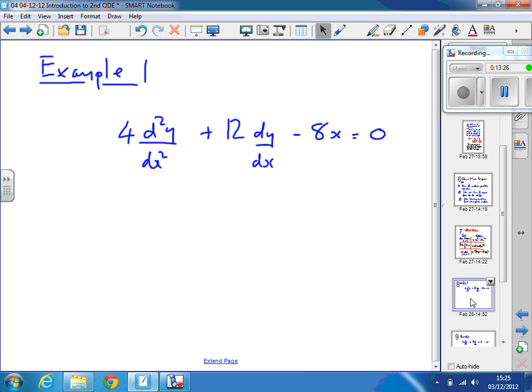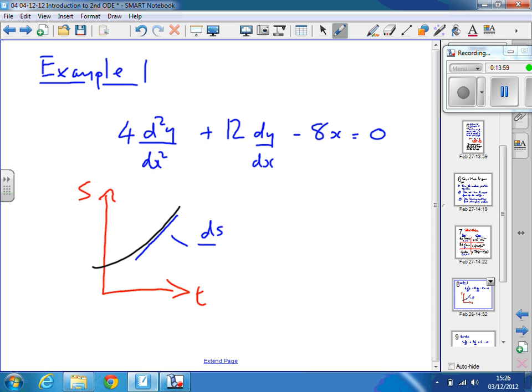Now, first off, this is often time. In fact, in the ones that you're going to be considering, this is likely to be time. So d2y by dt squared, dy by dt. So a note on that first of all. If we've got a graph of displacement against time, s against t, or y against x, you know, don't you, that if I plot a graph at any point, as we indicated already, the gradient is given by ds by dt.